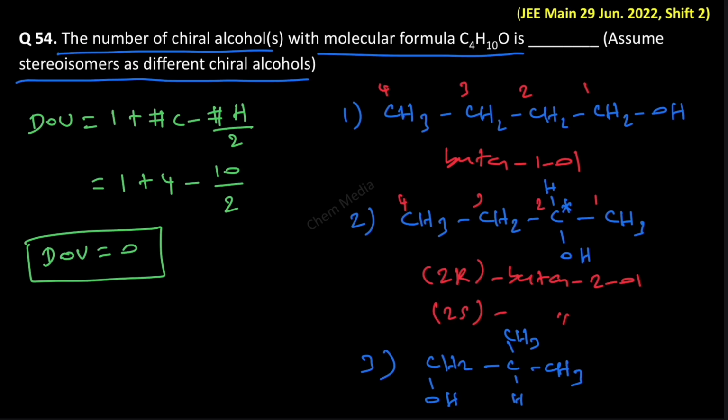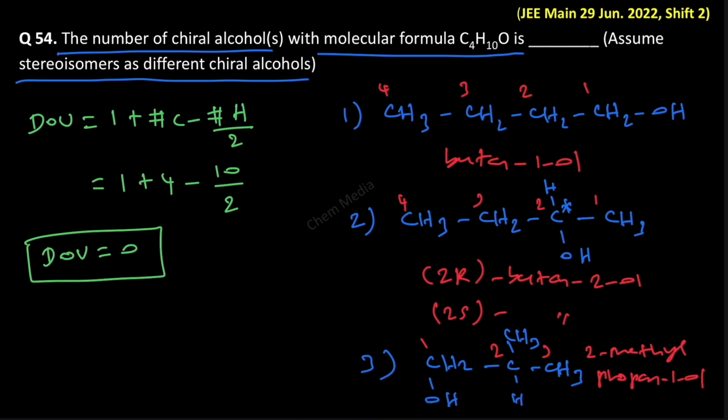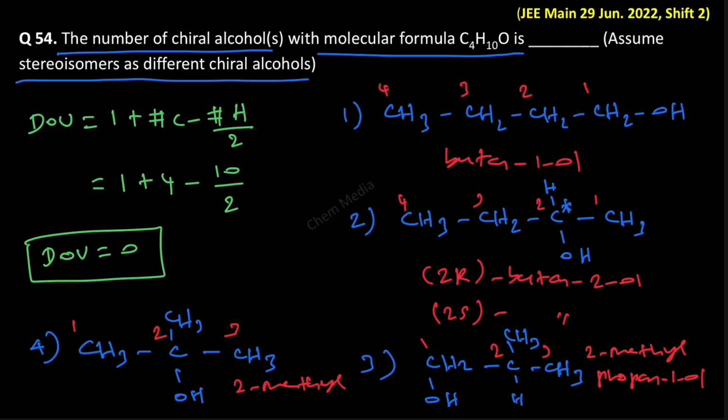This is 2-methylpropan-1-ol. We don't have any chiral center in this molecule. And then number 4, we can also write 2-methylpropan-2-ol, that is CH3, COH, CH3, CH3. This is 2-methylpropan-2-ol. In this case also, we don't have any chiral centers. Therefore, the correct answer for this question is 2.